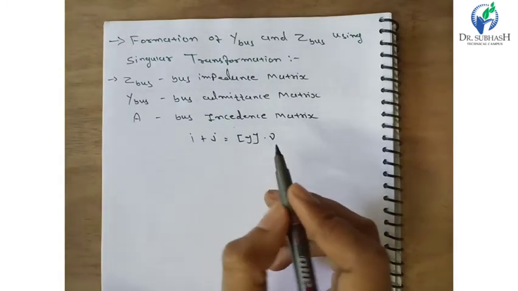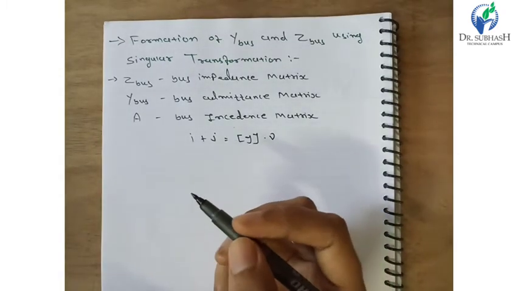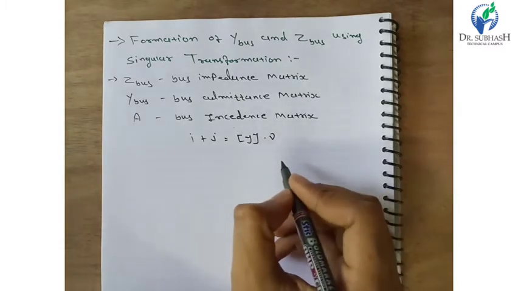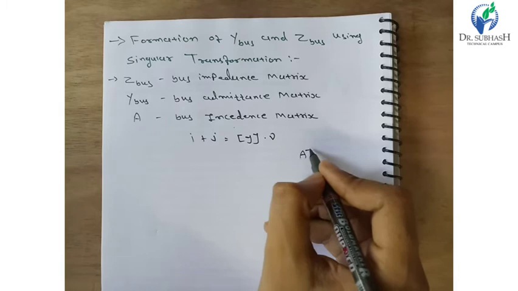In the next stage, we pre-multiply both sides with A transpose.